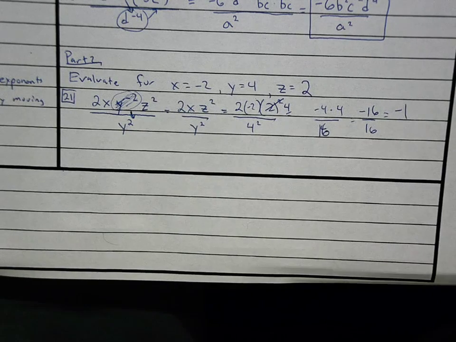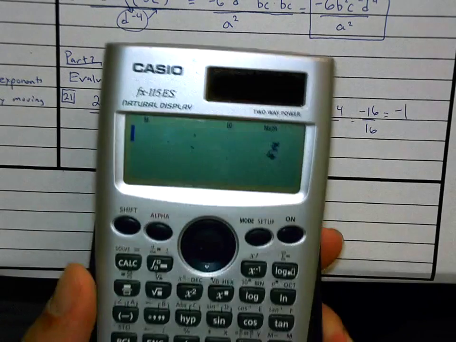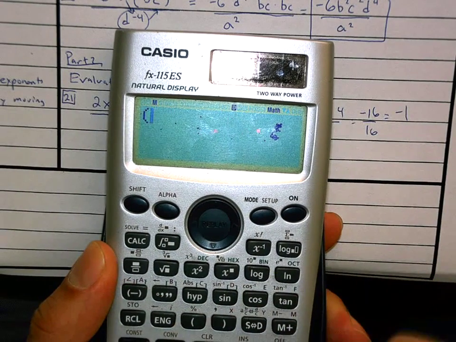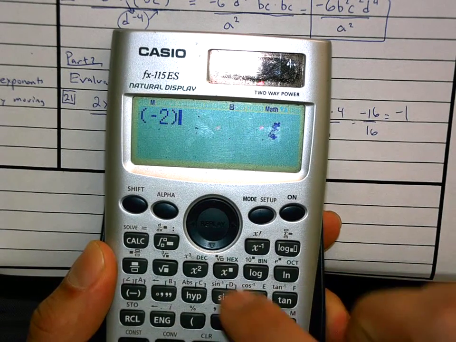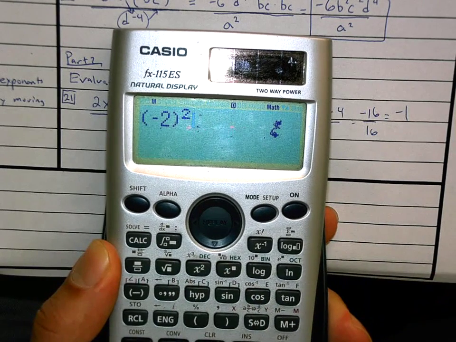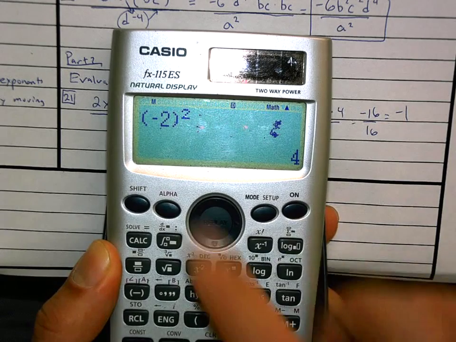I still want to emphasize your calculators are only as good as what you plug in. If, for instance, you punch this in, that is going to be different than if you didn't have it in parentheses. I'm going to show you the example.